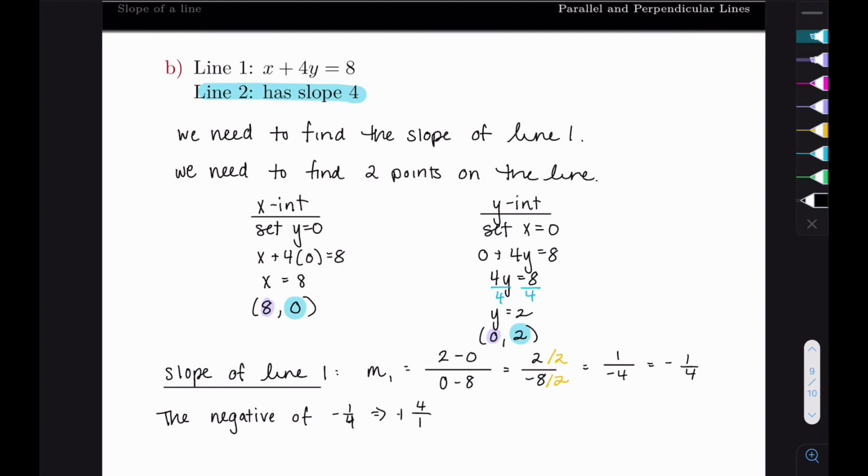So it becomes positive 4 over 1, or 4. So line 1 and line 2 have slopes that are negative reciprocals. These lines are perpendicular.